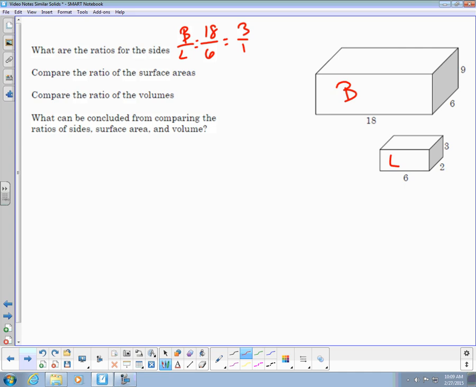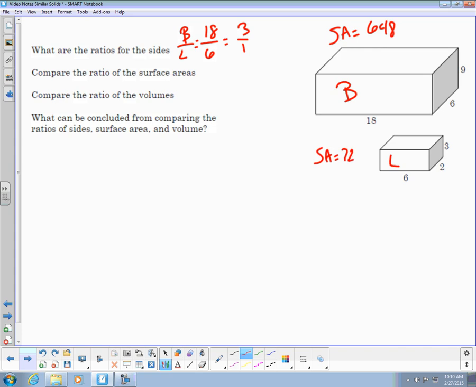Now, if you remember in the last slide we just did, we talked about the ratios for the areas. Now this says surface area. Surface area is different than area because area is 2-dimensional and surface area is 3-dimensional. But they both are measured in the same units. If I actually find the surface area of this figure, the surface area for this figure is 648, and the surface area for this figure is 72.